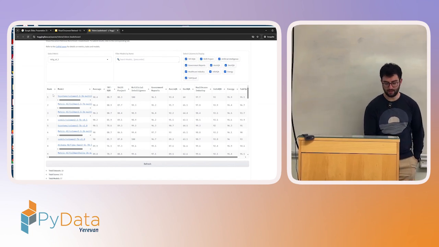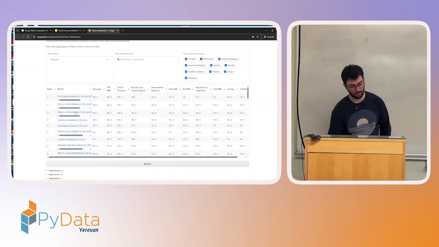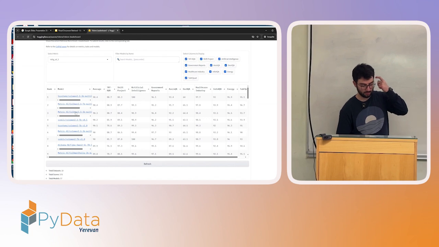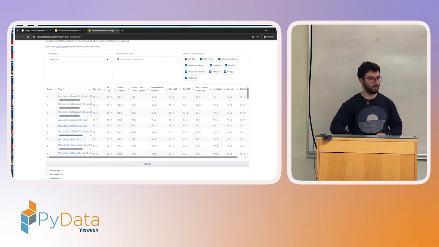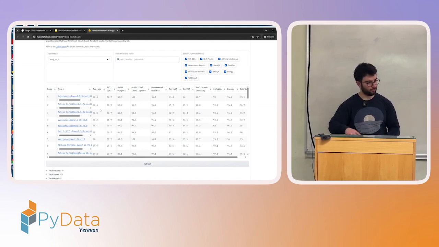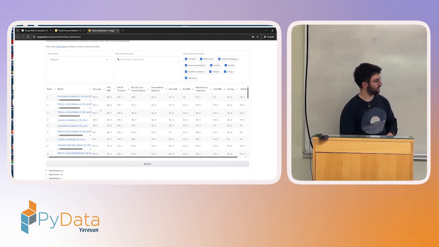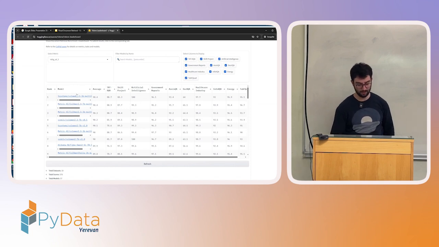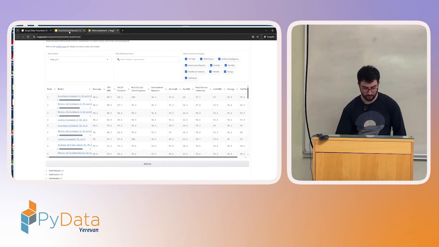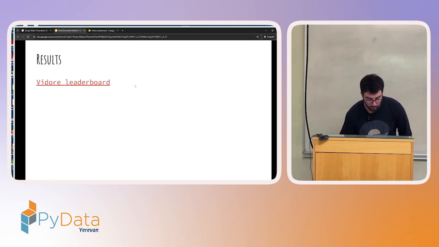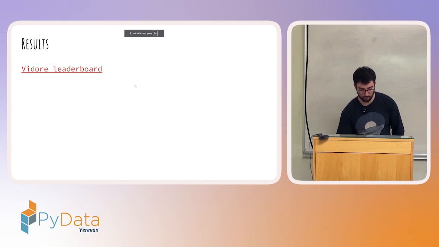So after a week, we saw that they took this model and trained it for 10 plus epochs and got this 0.1 gain and moved to the first place. So yeah, they did a bad thing to us.